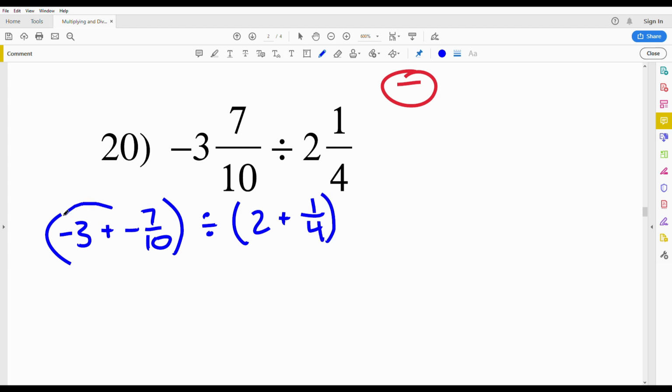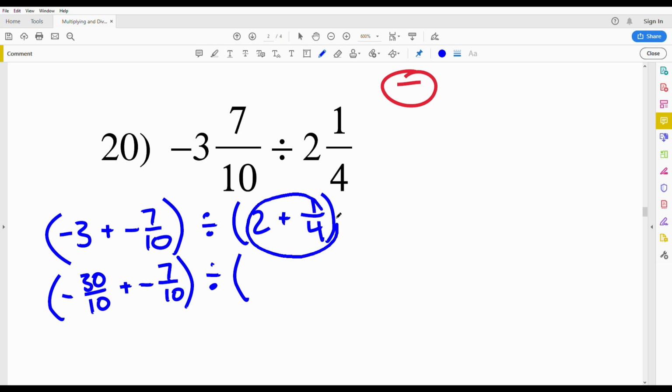The common denominator over here is going to be 10. What divided by 10 gives us a negative 3? That's going to be a negative 30 divided by 10 gives us a negative 3, and we'll be adding that to negative 7/10. And that's all divided by 2 plus 1/4.